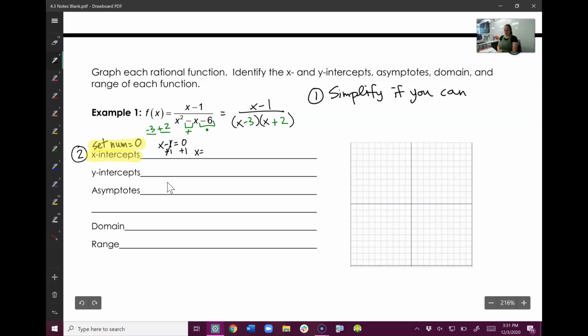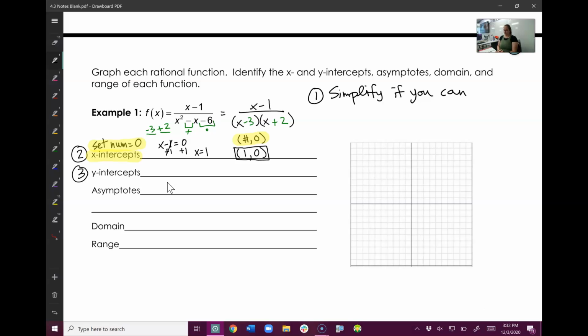So I get x equals 1. And we will always write our x-intercepts as a coordinate point of number, comma, 0. So I'm going to take this x-intercept of 1 and write it as a coordinate point.